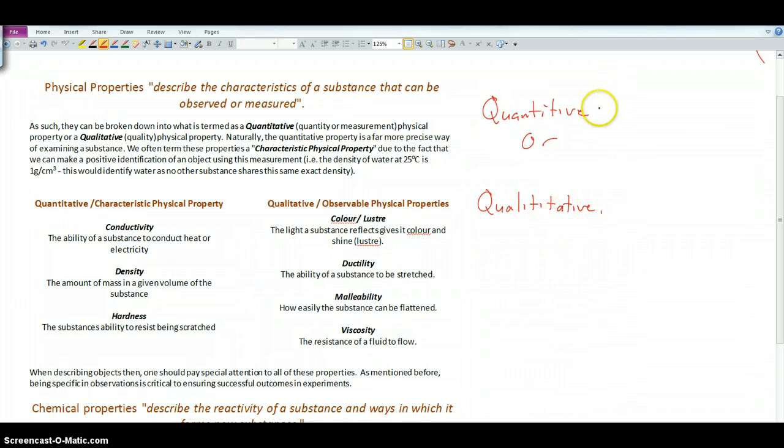The quantitative ones, obviously we're talking about numbers. The qualitative ones come from the word quality, physical observations, qualities.